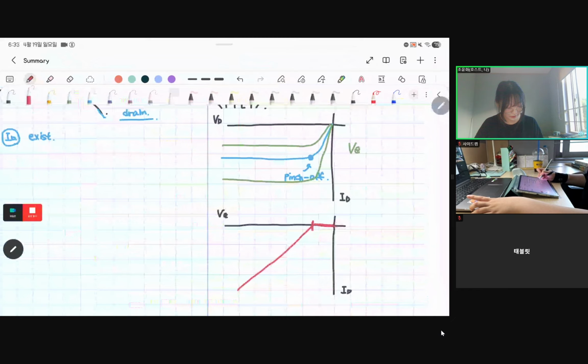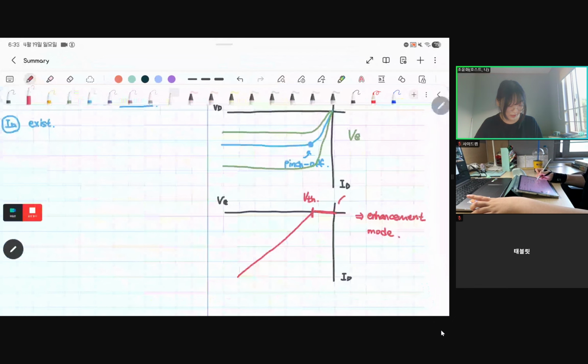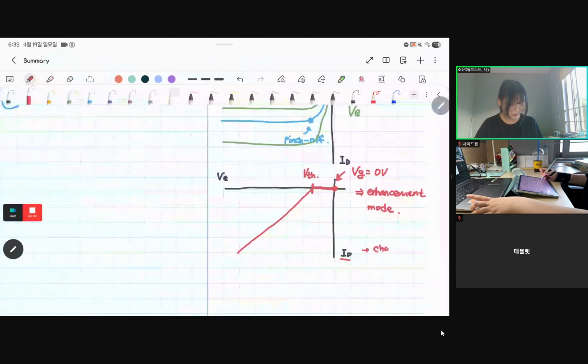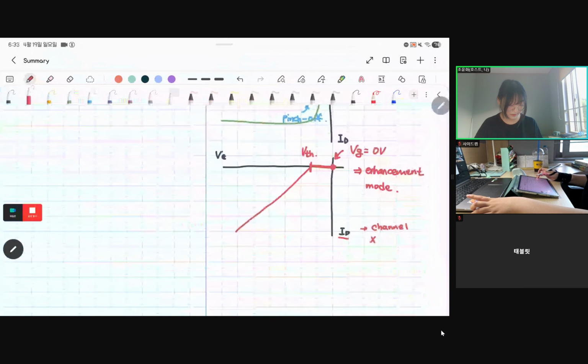This point is the threshold voltage, and this mode is enhancement mode. Because when the gate voltage is 0 volts, there is no current here, so it means the channel isn't formed.